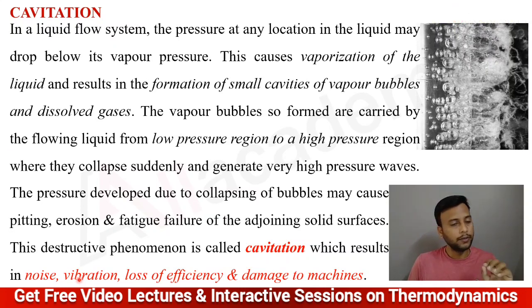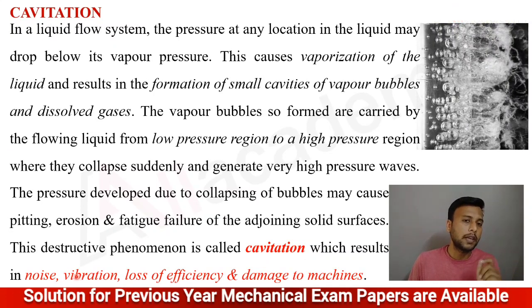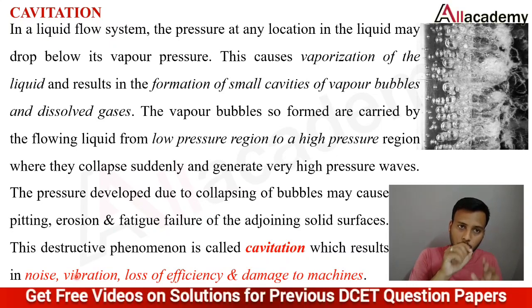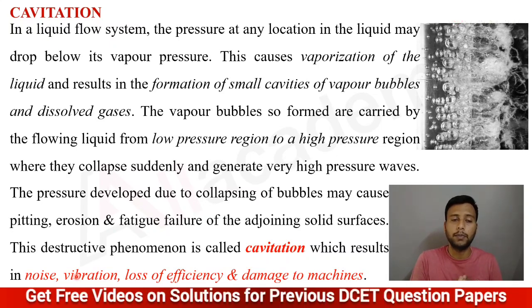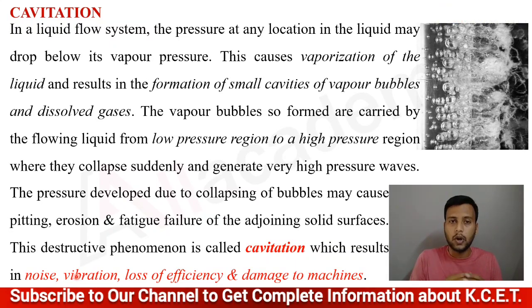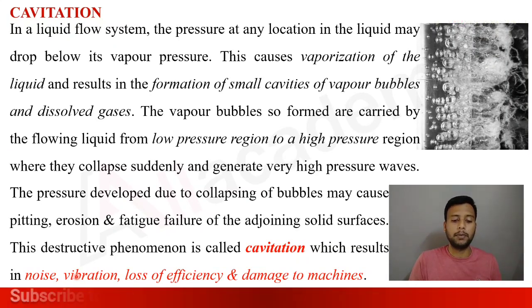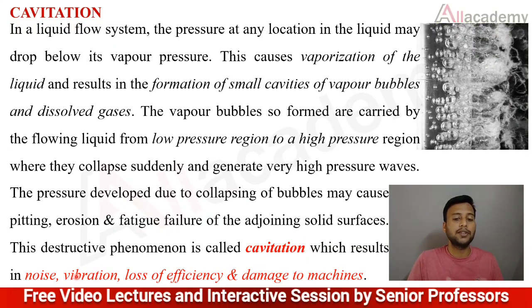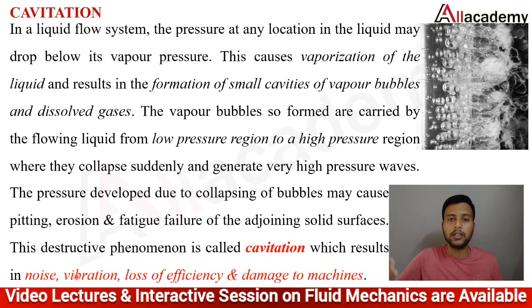Hope now you got what cavitation means, because many students are not able to write it. They know it causes small pittings and small holes on the surface, but how does it cause them? Mainly, along the fluid flow, there is a drop in pressure, and if it drops below the vapor pressure, it causes vaporization of the liquid, and the liquid forms small vapor bubbles which flow along the fluid.